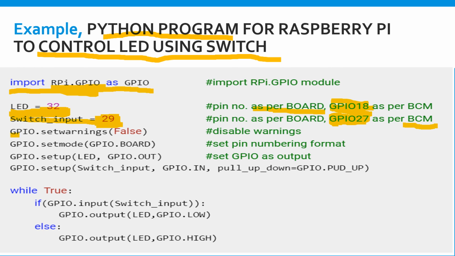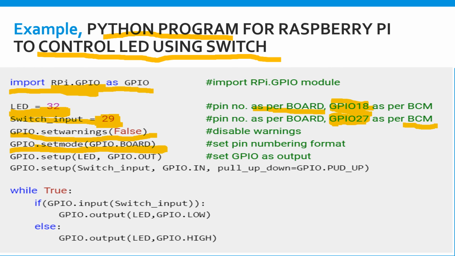Now the next line is GPIO.setwarnings(False), means we have to disable all warnings. Now the next is GPIO.setmode(GPIO.BOARD). So here we are using physical pin numbers, that is pin number as per board, and therefore we are using the function GPIO.setmode(GPIO.BOARD).